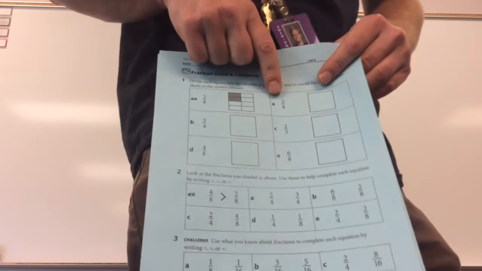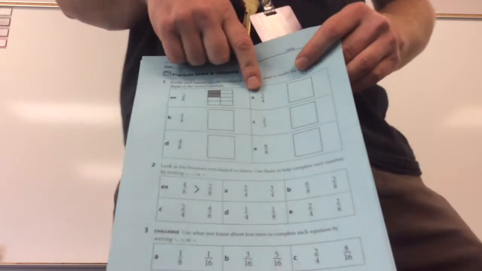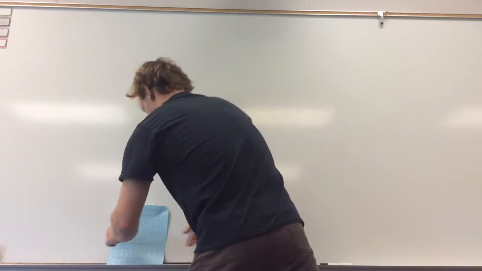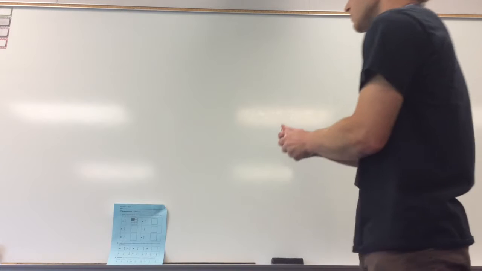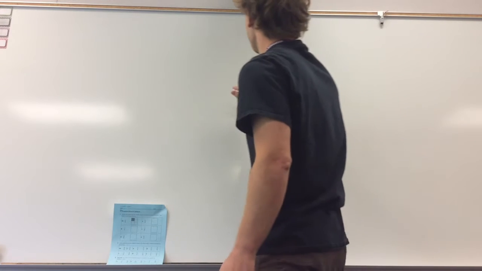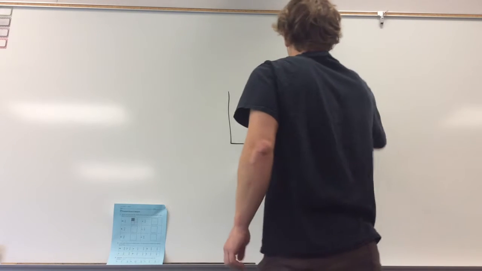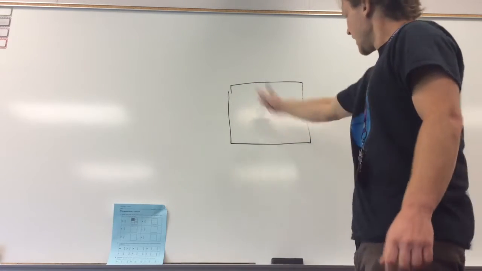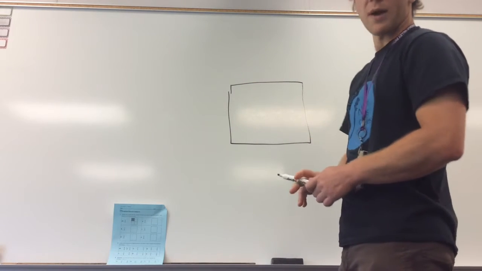Now let's look at this first one, A, which is asking us to do 2 out of 4 equal parts. So if we were to use our whiteboard, I'll draw that square, I'll do the best I can, because that's what we do in here. That's our precept or our model. We always try our best. Is it a perfect square? No, probably not.